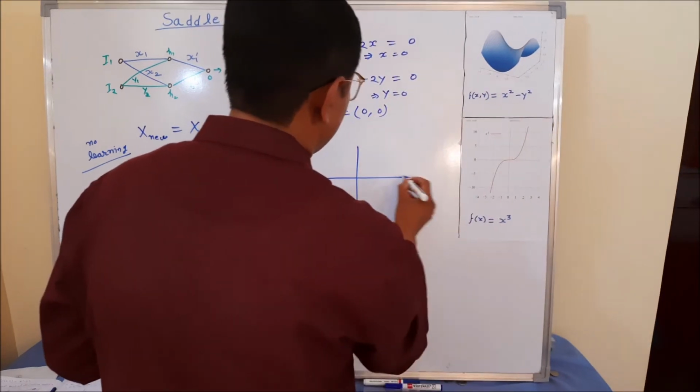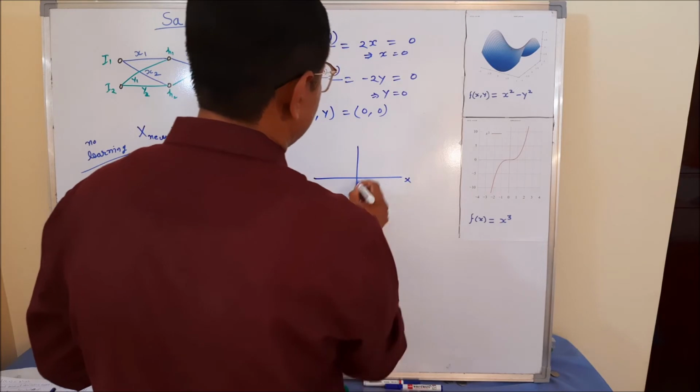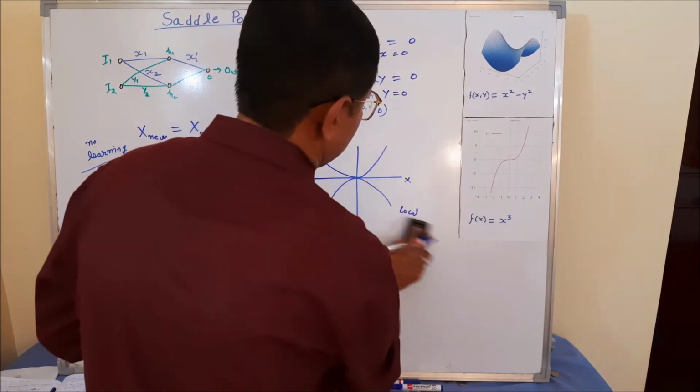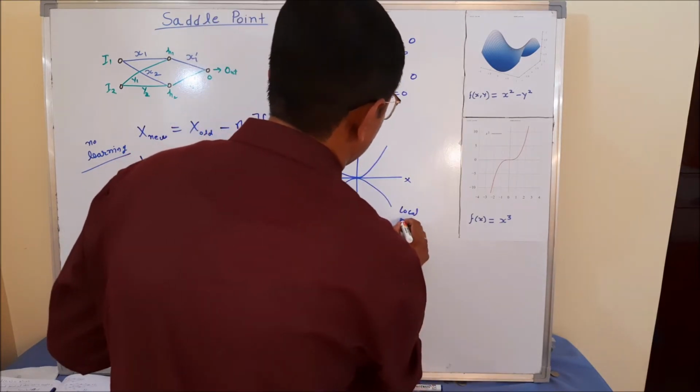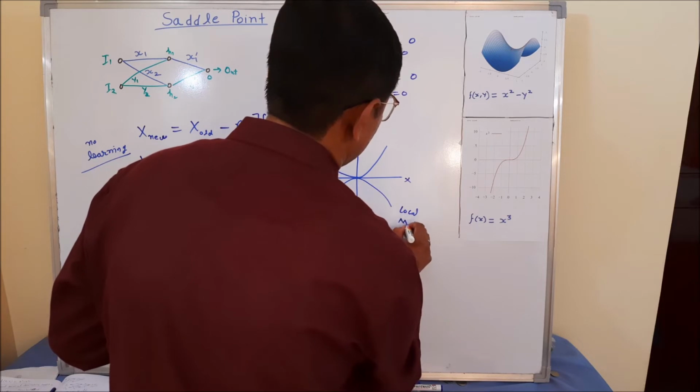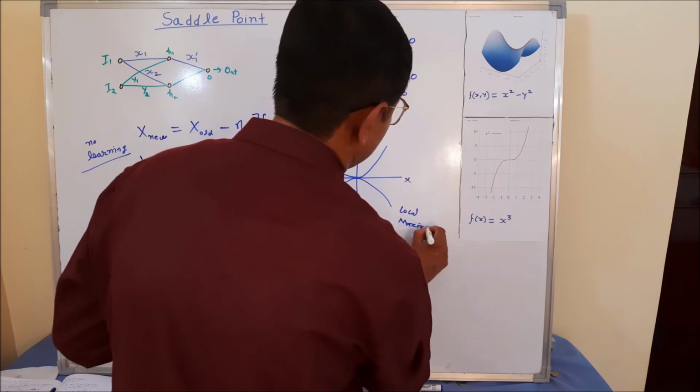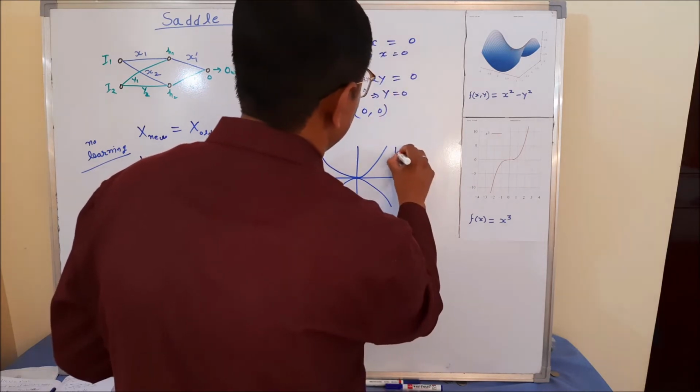That means if you take it against the x axis, this is our local maxima, and this is local minima.